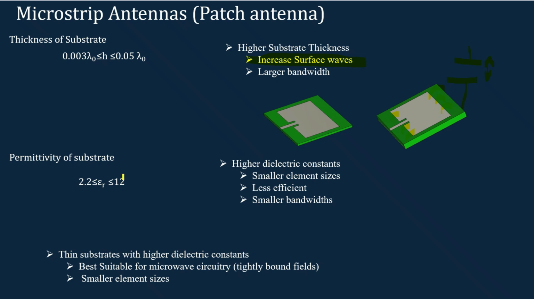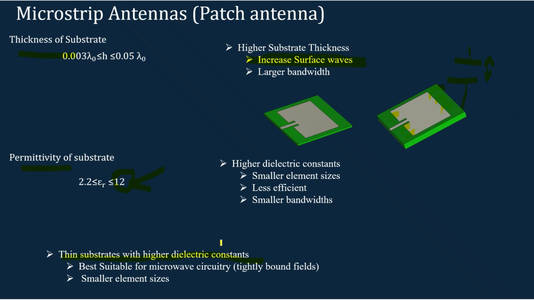But if you use higher values, it will cause less efficiency, because there will be some dielectric losses inside the dielectric, and it will have a smaller bandwidth. So it is very essential to consider the permittivity and thickness of the substrate while designing your antennas.